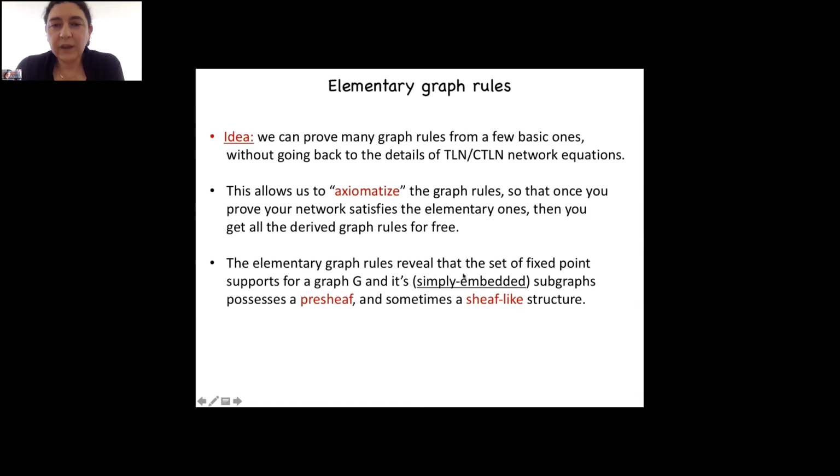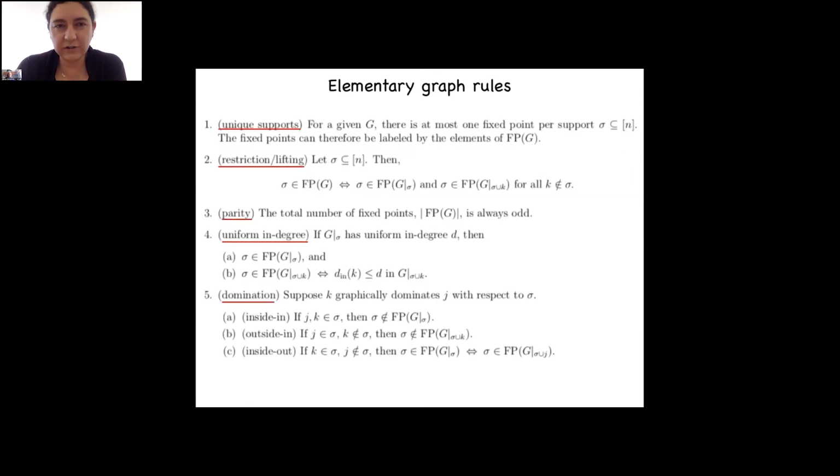And one of the things that we've discovered is that certain graph rules that are related to what we call a simply embedded structure of subgraphs allow us to take fixed points from subnetworks and kind of glue them together into fixed points for the larger network. So we have, in some sense, like a pre-sheaf and a sheaf-like structure.